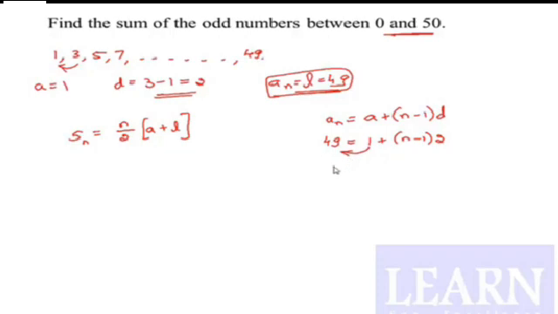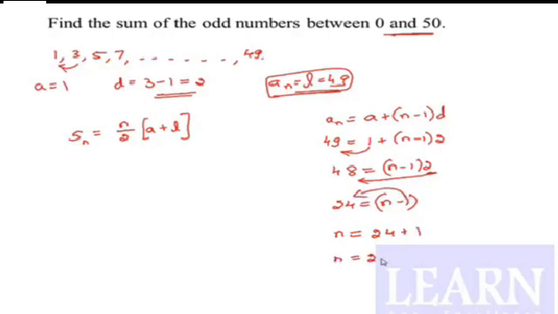So 49 minus 1 is 48, equal to (n minus 1) into 2. 2 is multiplied here, while going to the other side it will be divided. 48 by 2 is 24, equal to n minus 1. So n is equal to 24 plus 1. It is minus 1, going to the other side it will become plus 1. So n is equal to 25.